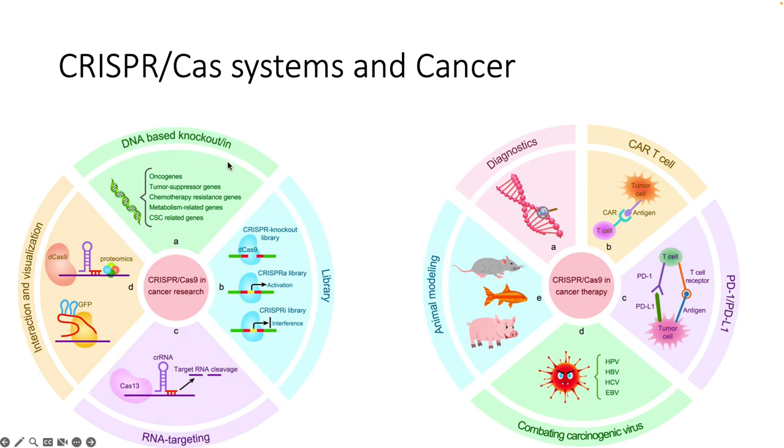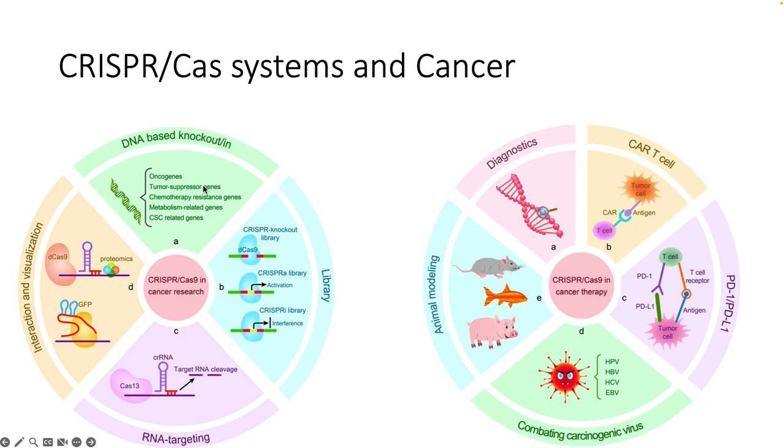The knockout and knock-in is like if there's an oncogene, which is a gene that pushes a cell to move into a cancerous state, we could knock out those genes.